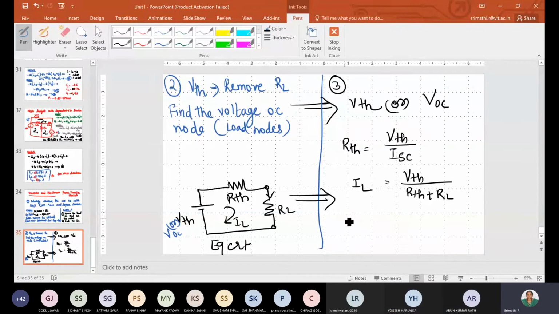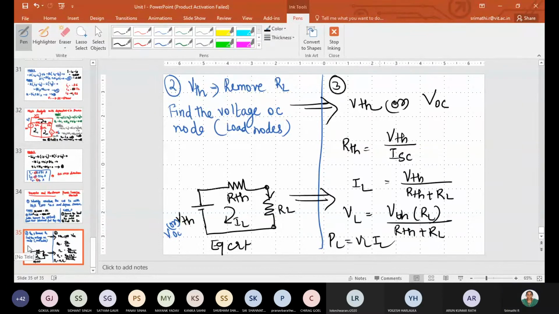And when I need VL, we can apply the voltage division rule: the total voltage into this particular resistance divided by the sum of the resistances. You getting me? Yes, ma'am. So this is VL, and what is your PL? It is VL IL. Okay? Yes, ma'am. One second, let us solve one problem.